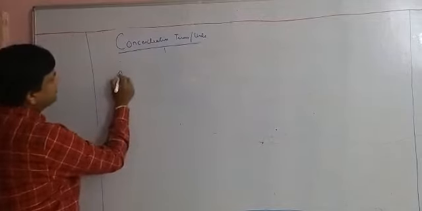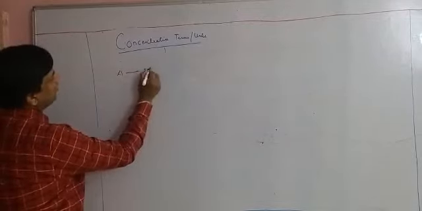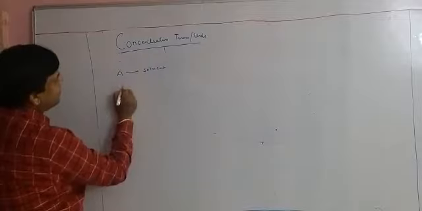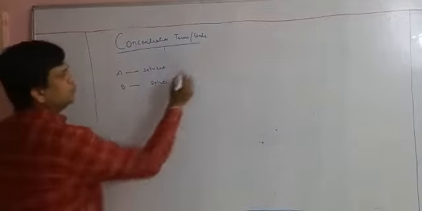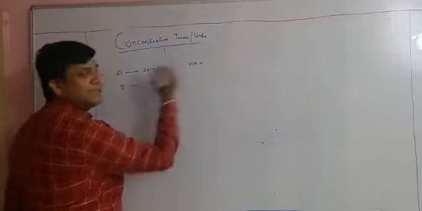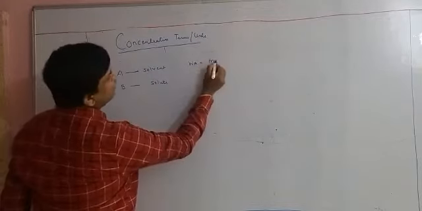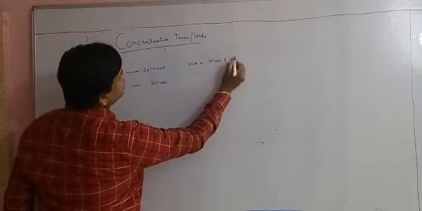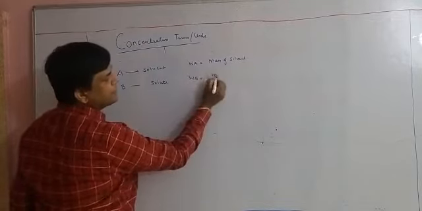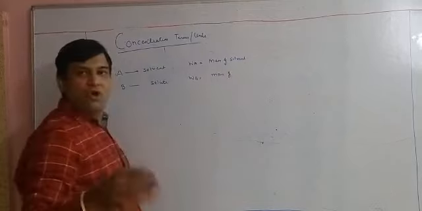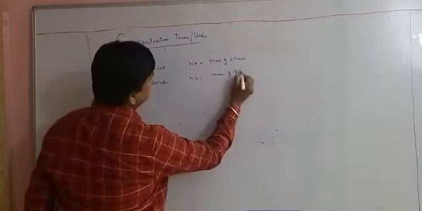In this topic, we will consider A as solvent, B as solute. So, WA will be written as mass of solvent, and WB will be written as mass of solute.